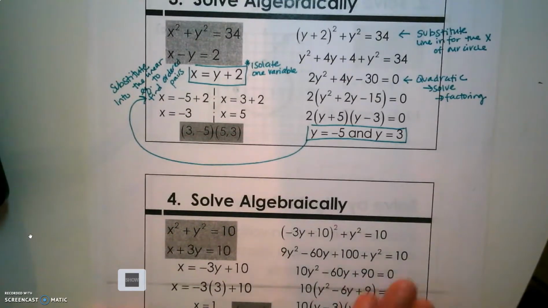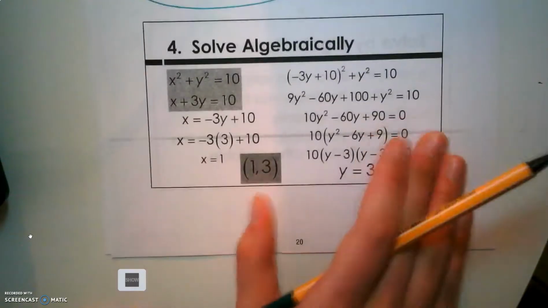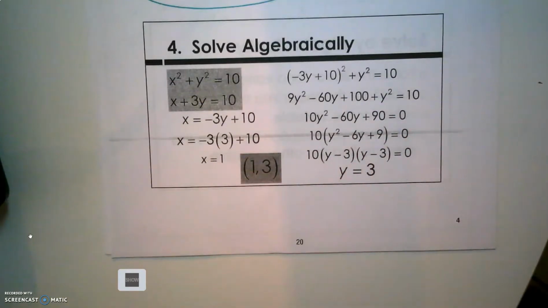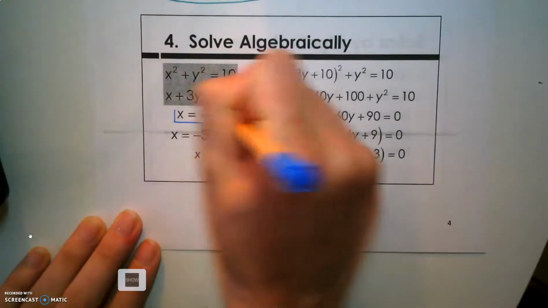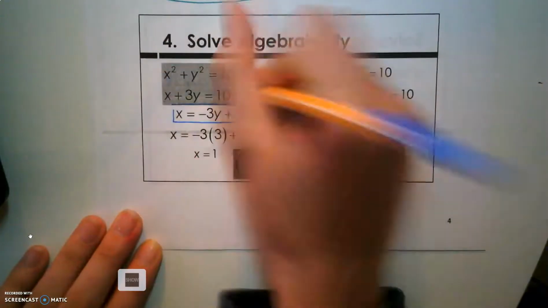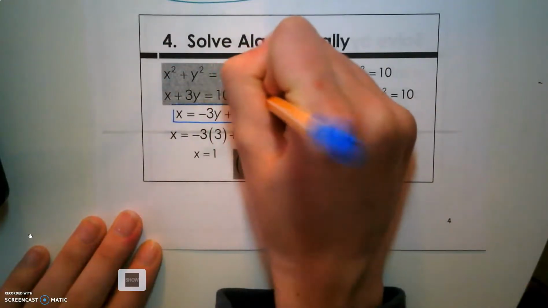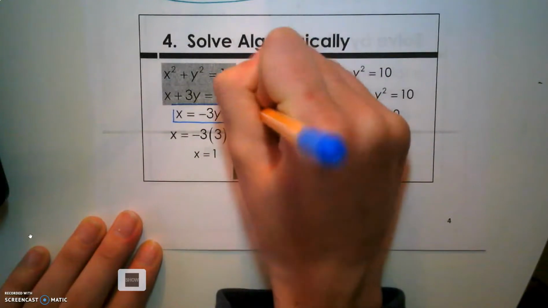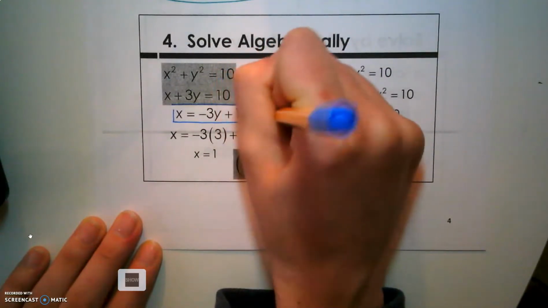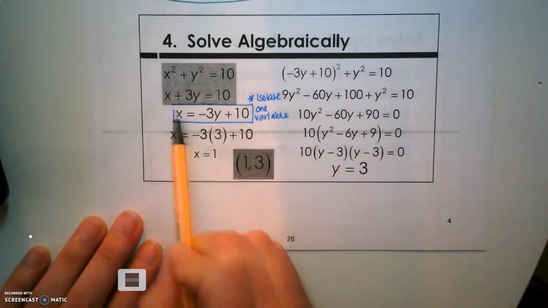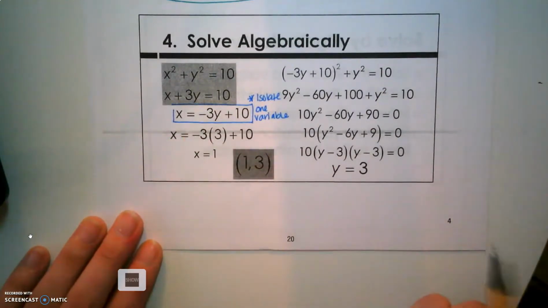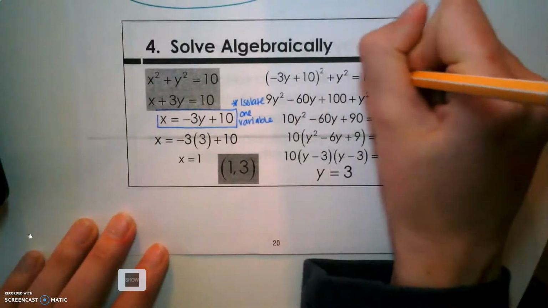So the fourth example works the exact same. We're trying to find the intersection of this circle and this line. So when we isolated for one variable, we solved for x again, because when we solve for x, it's a little bit easier than trying to divide by 3. We substituted here.